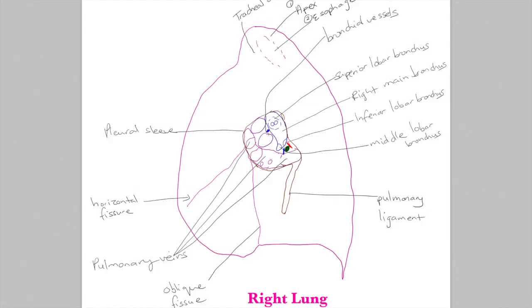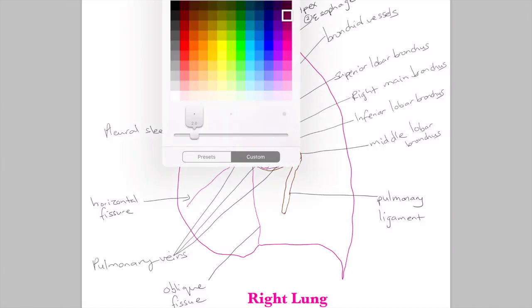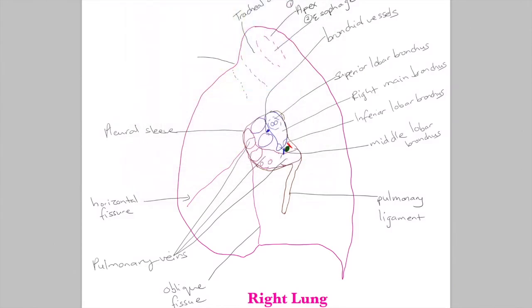It's right next to the tracheal area. So let's dot it. So there's a groove for the brachiocephalic vein.